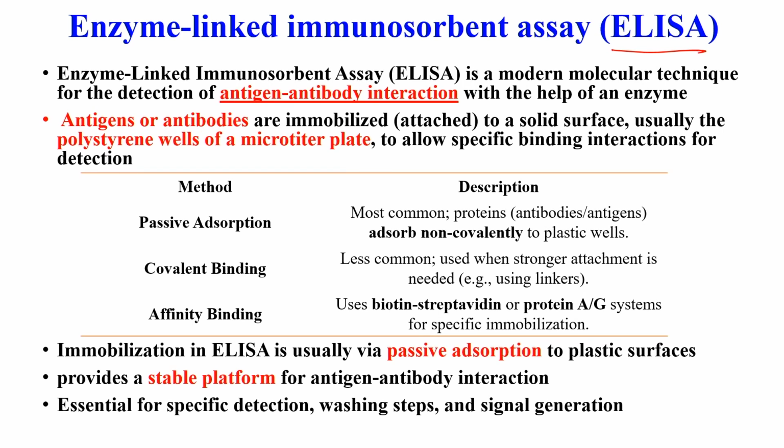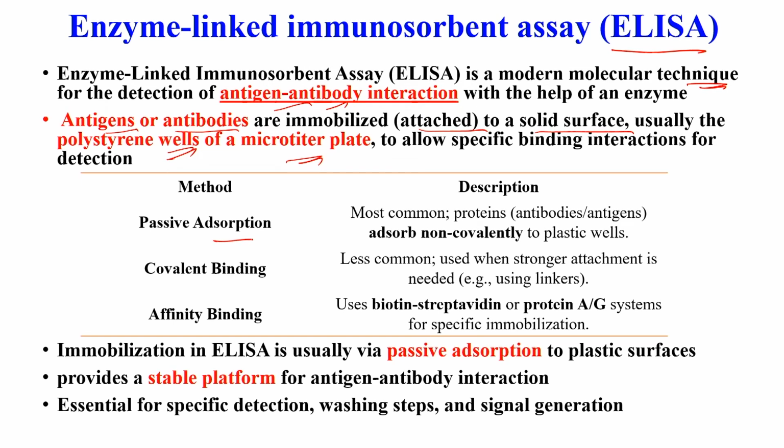So, this is a modern molecular technique for detection of antigen antibody interaction with the help of enzyme. In it, either antigen or antibody are immobilized on a solid surface. That solid surface may be a 96 well plate, a polystyrene well of a microtiter plate which allows a specific binding interaction for detection.